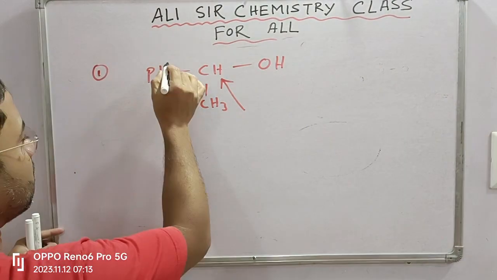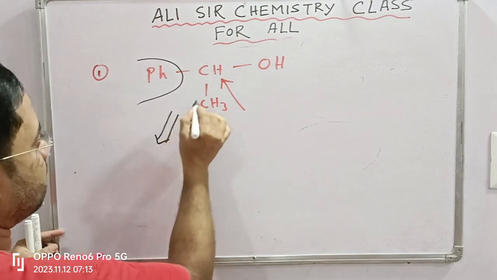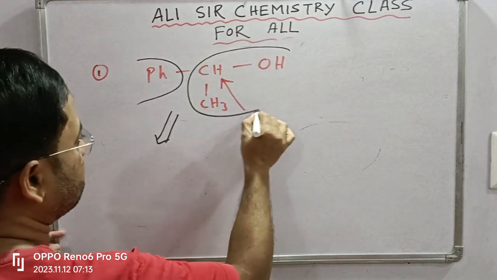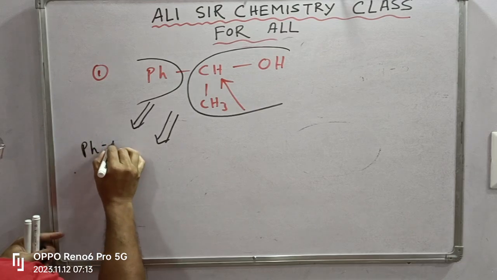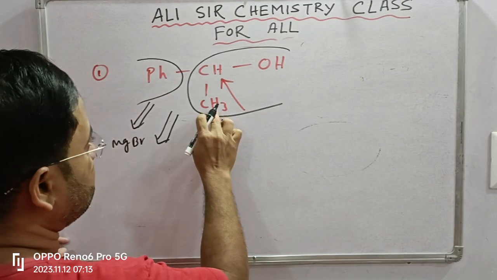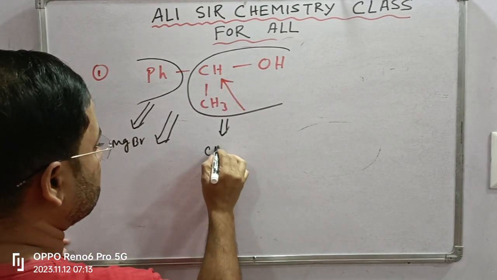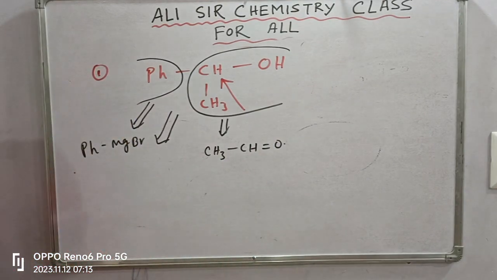So you can cut it from here. One method, you can cut it from here and separate it. This part is from Grignard reagent PhMgBr, and this part is from CH3CH double bond O. So this is acetaldehyde.